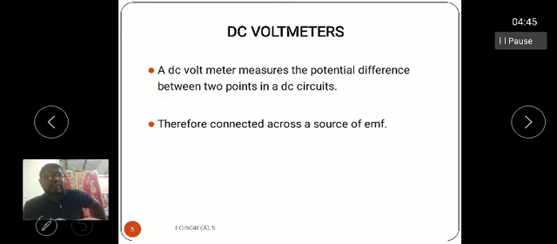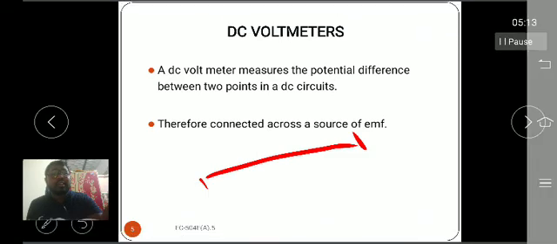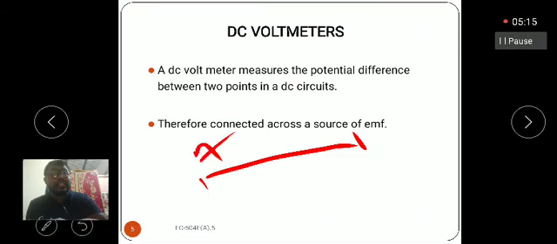For example, if you take a DC circuit and want to measure the potential difference between 2 points, A and B, then we use this DC voltmeter. Then the current passes through this particular resistor.